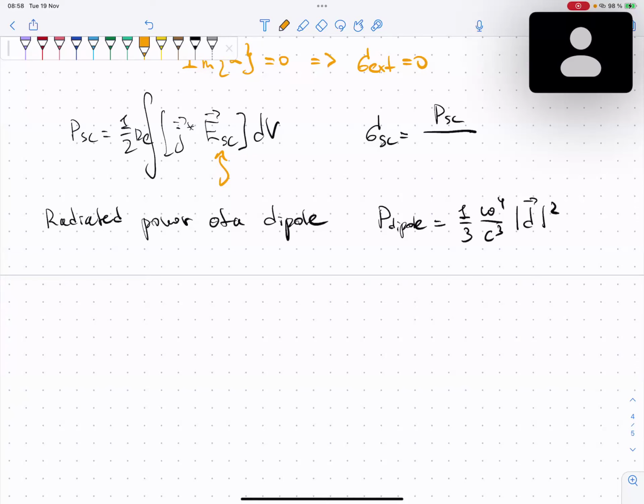This is just in case you don't remember, a well-known formula for the radiated power of a dipole.